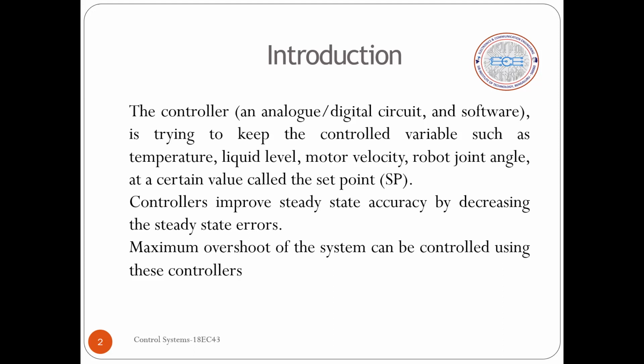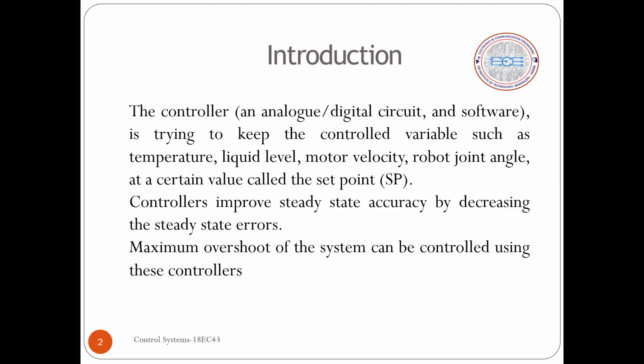How can we approach the set point? We can approach the set point by reducing the steady state errors. So indirectly we are controlling the steady state error here. We are also trying to reduce the overshoots which can happen in the response of the system.